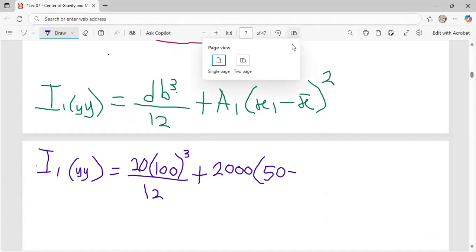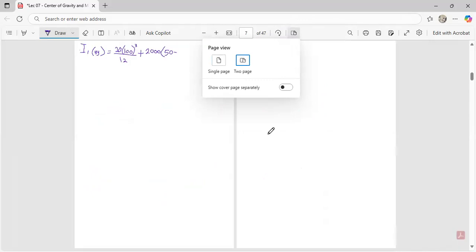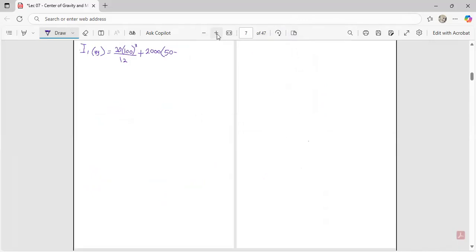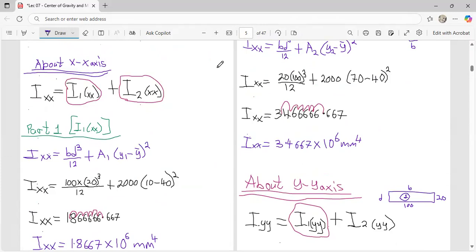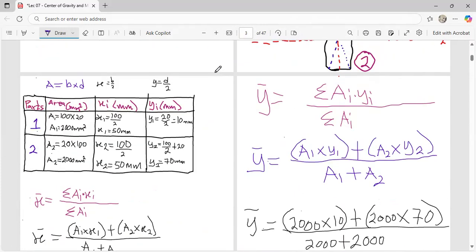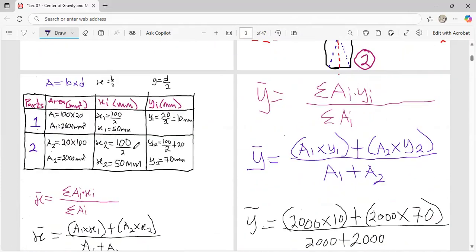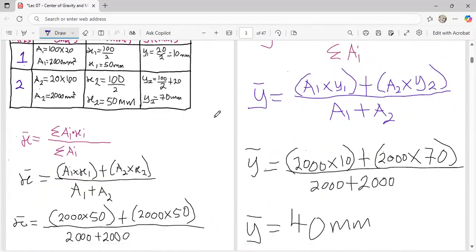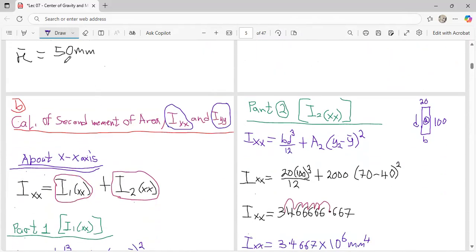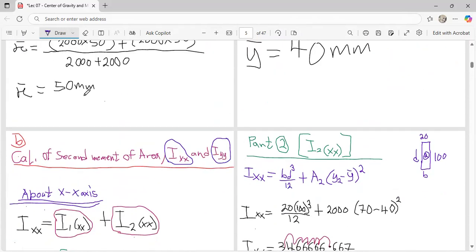Someone may want to challenge or may be getting confused. So let's quickly go and verify that. Our x1, what was the answer over here? It was 50. Our x2 was also 50. If you look closely, you'll see that. And our x bar, we also had 50.